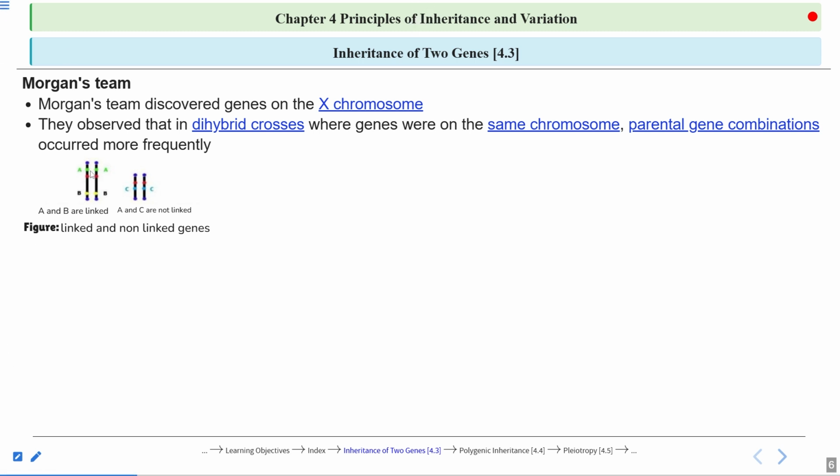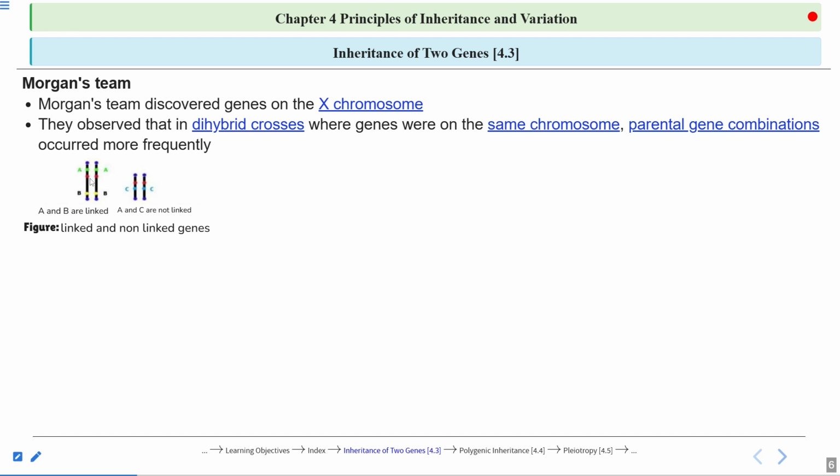So you can see here, this A and B gene are present on the same chromosome, and A and B are linked. And A and C are not linked. A and C are present on different chromosomes. So when the genes are present on the same chromosome, then only they show linkage, when they are on the same chromosome and the distance between the two genes is less.